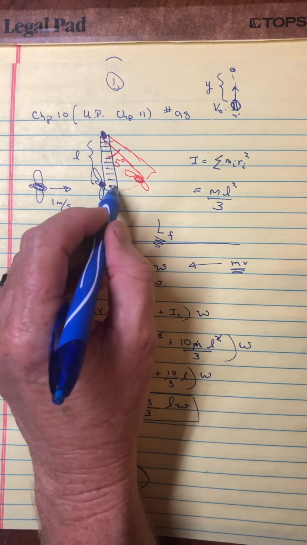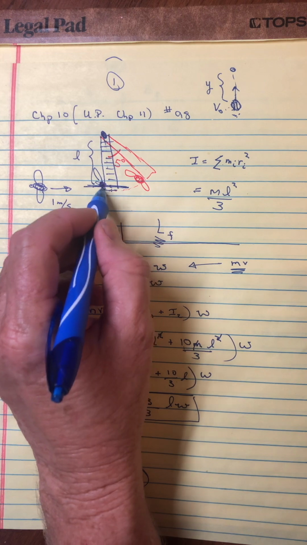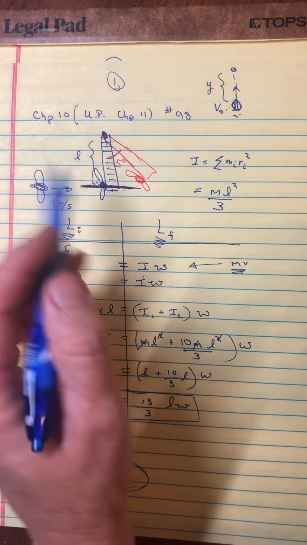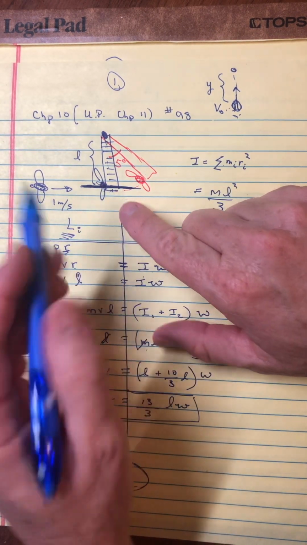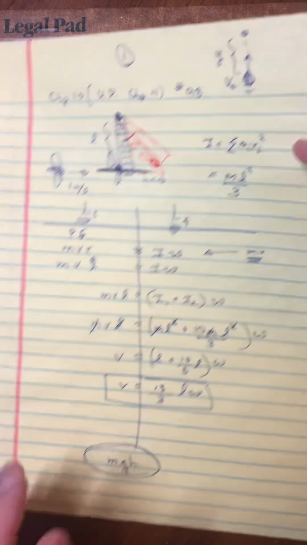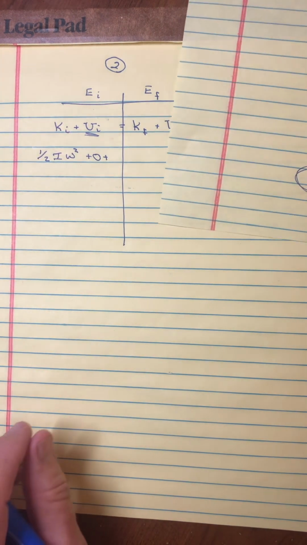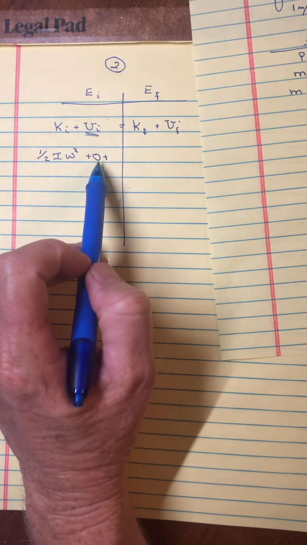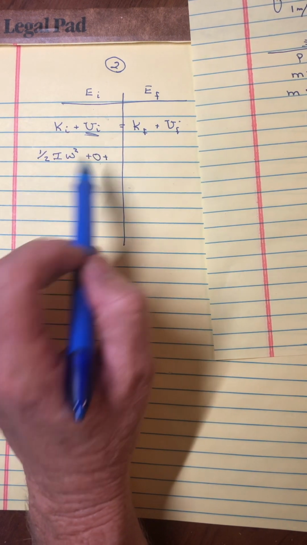When I go to calculate the potential energy, say, of the bug, why don't I call that my reference point? And so right after impact, but before it swings, the bug would be at a height of 0. So that would be 0 potential energy for the bug if I do that. And that's why I like picking that reference point of where the bug is. The bug is at 0.